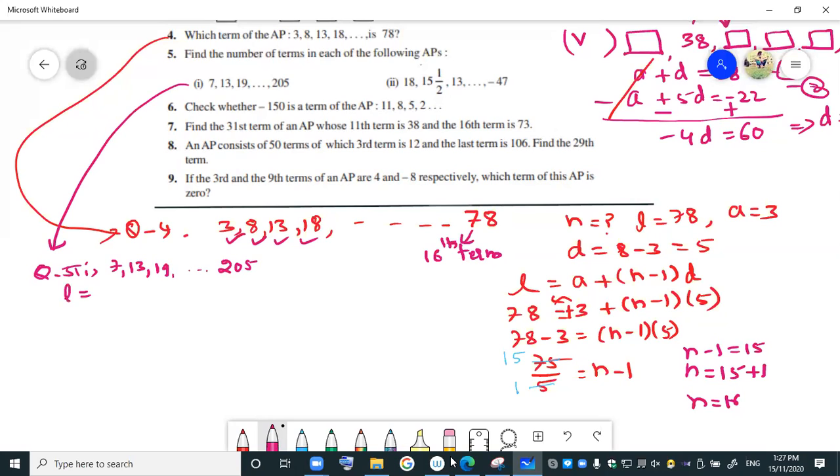Apply this formula, L is equal to A plus n minus 1 into D. First term is 7. Common difference is 13 minus 7, that is 6. And the last term is already given as 205.